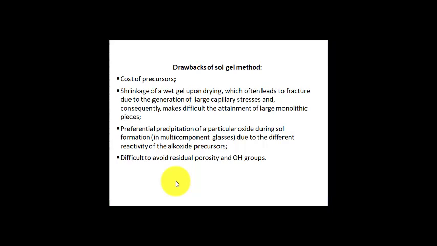There is preferential precipitation of a particular oxide during sol formation, especially in multi-component glasses, due to different reactivity of the alkoxide precursors. Sometimes it is difficult to avoid residual porosity and hydroxyl groups. Here is an example of a material where silicon has some linked groups. I will not talk more about it.